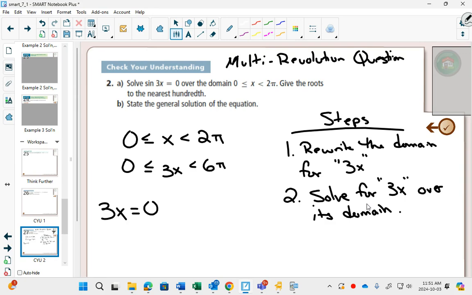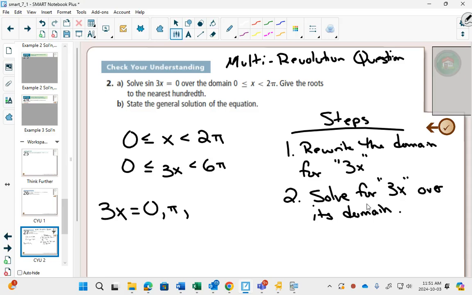Anywhere else? Is it also at pi? Is it also at 2 pi? All the way around, again, do I include 2 pi? Yes, because 3x is between 0 and 6 pi. So that's what this means. When you solve for 3x over its domain, we have to go to 6 pi. We have to go 3 times around the circle.